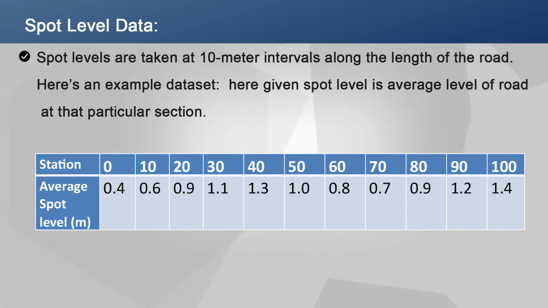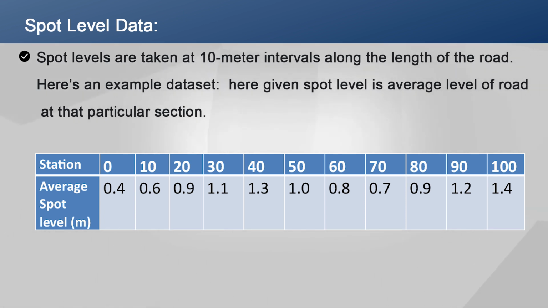After that we got this spot level, which is the average spot level. We can see at station 0 meter, average spot level is 0.4 meter. At station 10 meter, average spot level is 0.6 meter. At station 20 meter, average spot level is 0.9 meter. At station 30 meter, average spot level is 1.1 meter.